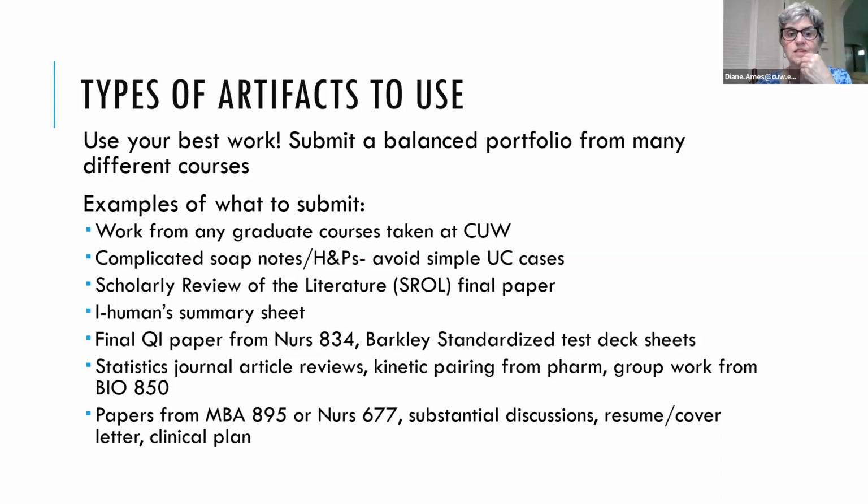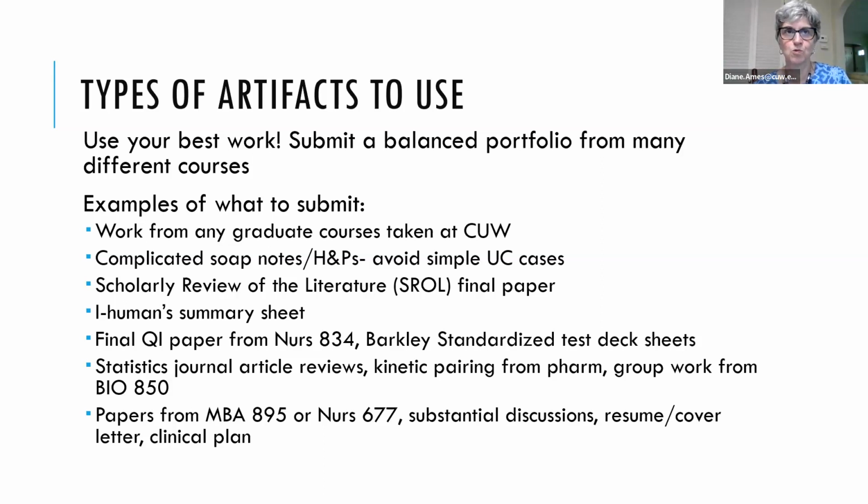The other thing is you can also use your scholarly review of the literature final paper in your research course. That one works well. You've had some iHumans. They give you a nice deck sheet. You can use the iHumans. Those are great competency cases. They're virtual patients, and they demonstrate your critical thinking and diagnostic reasoning.